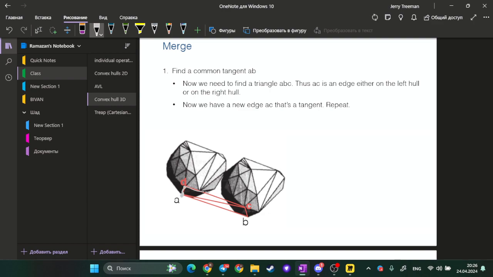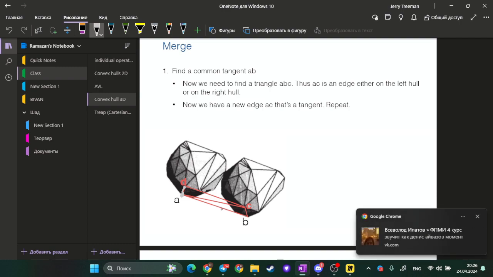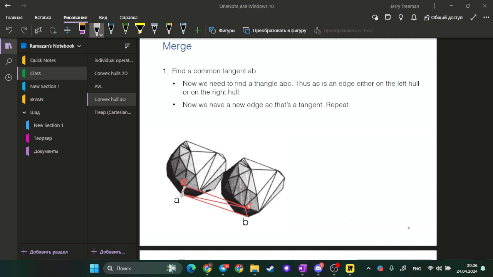We have only two points here. Only two points located here, and I think here. And we can do it in O(1) complexity because we have only two points, only 4 points at maximum. Do you agree with me? I think you agree with me.